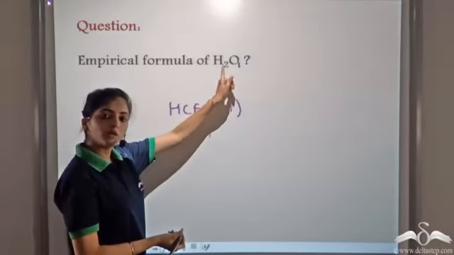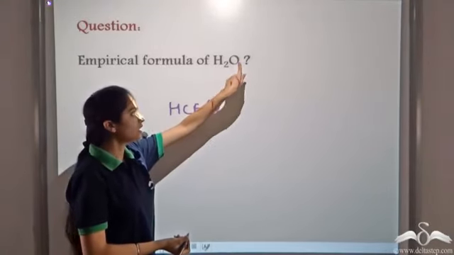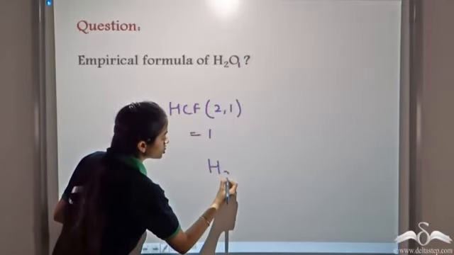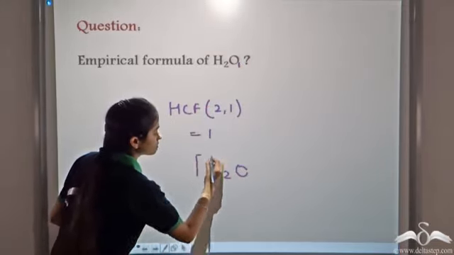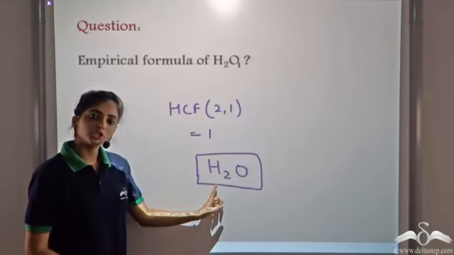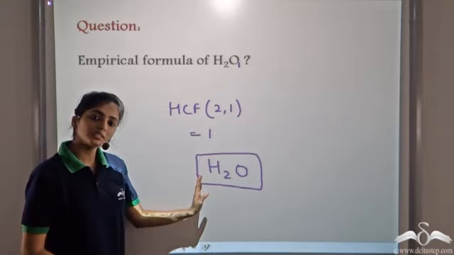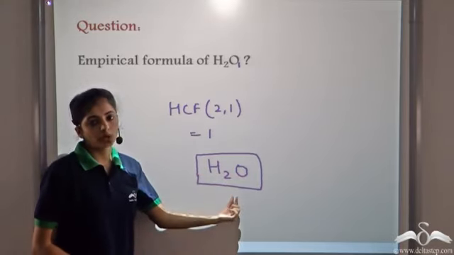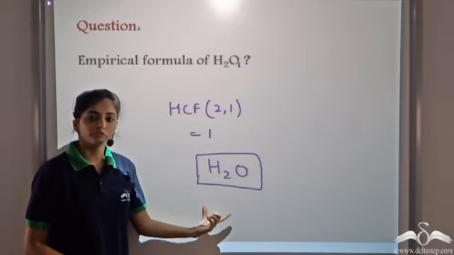If we divide 2 by 1, it remains the same. Similarly, for 1, it remains the same. So we get H2O. The simplest ratio in which hydrogen atoms and oxygen atoms are present is 2:1. So this is the empirical formula of water.